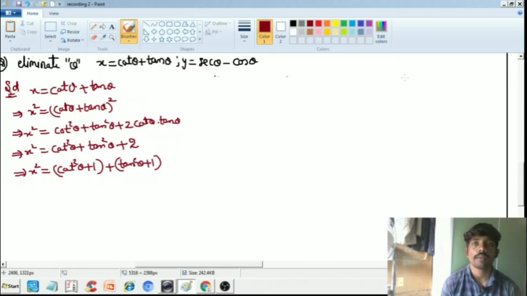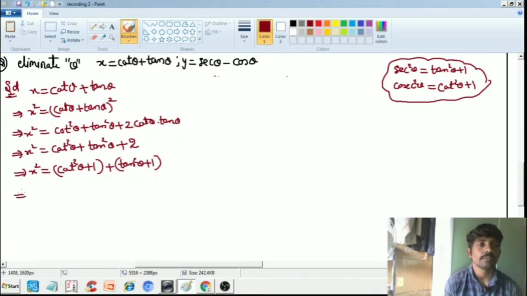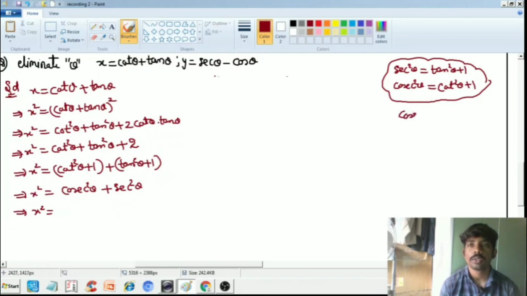So, from here we have a formula, right? Secant square theta is equal to tan square theta plus 1. Cosecant square theta is equal to cot square theta plus 1. Applying this formula, x square is equal to cosecant square theta plus secant square theta. Just simplify: cosecant theta can be written as 1 by sin theta, and secant theta can be written as 1 by cos theta.